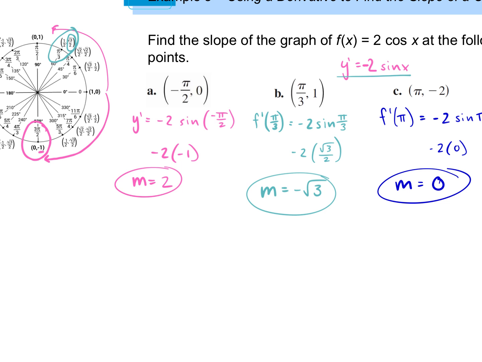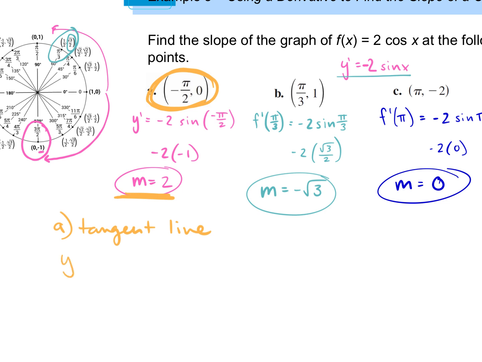Just for fun, let's say that A told us to come up with a tangent line at this point. So let's find our tangent line. We have the slope of a tangent line. I have a point on my tangent line. So how would I come up with the equation of a tangent line? We're going to plug it into point slope form.